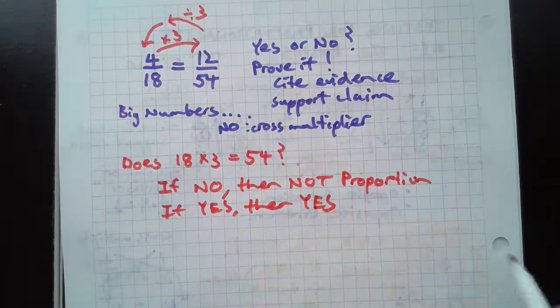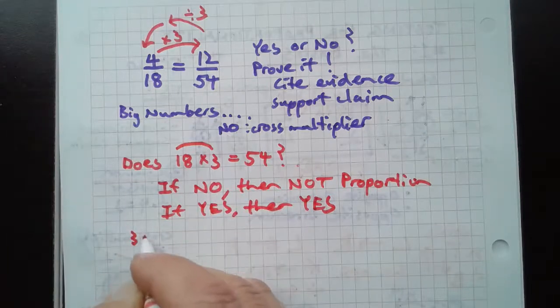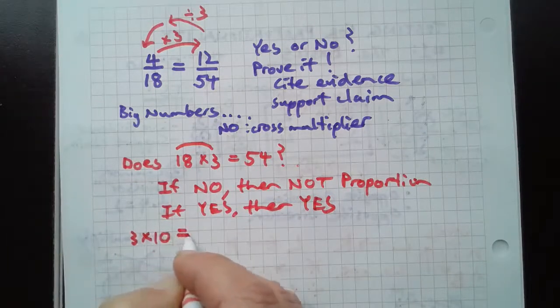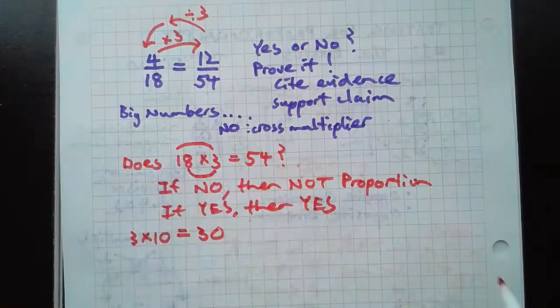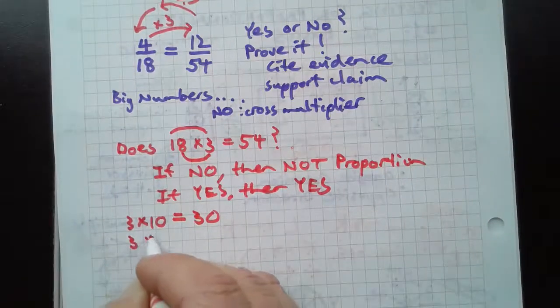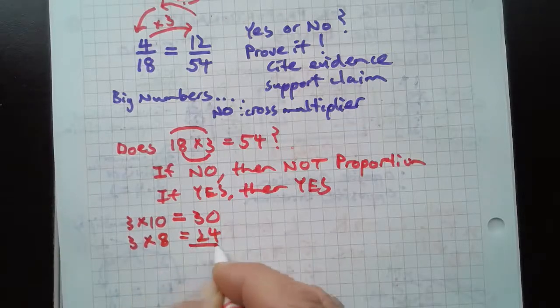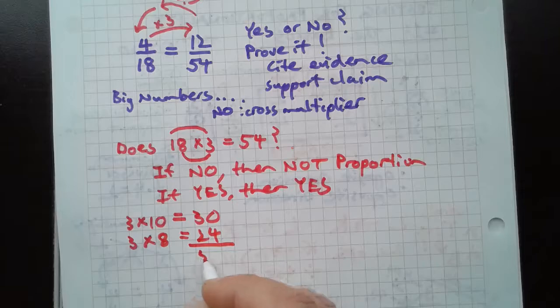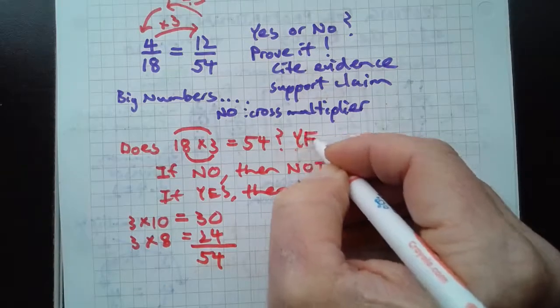Here's a question for you. What is 3 times 10? Yeah, 30. And what is 3 times 8? That's right, 24. When I add those together, it's 54. Our answer is yes.